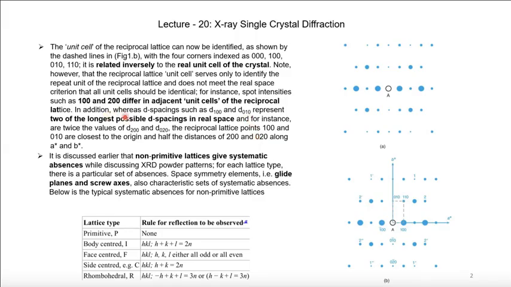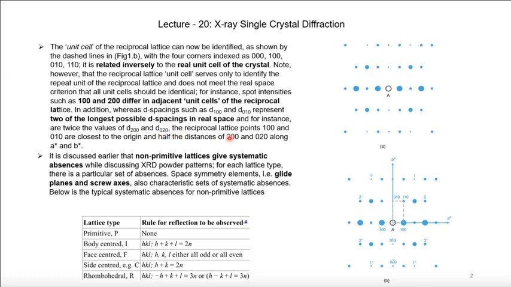Another thing, we can see that the d spacings, that is d100 and d010, represent two of the longest possible d spacings in real space. For instance, they are twice the values of d200 and d020.